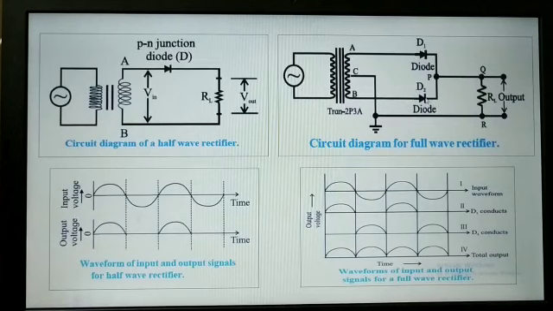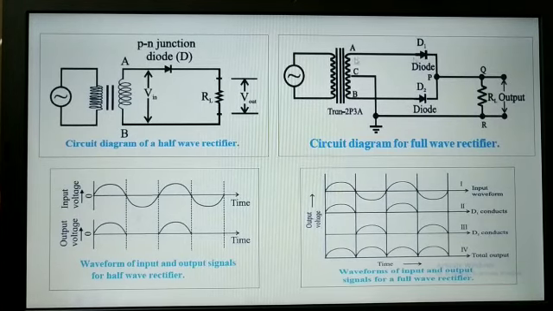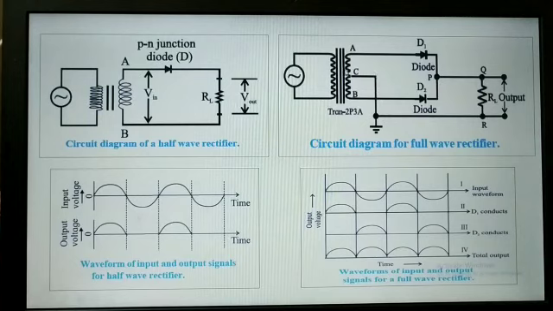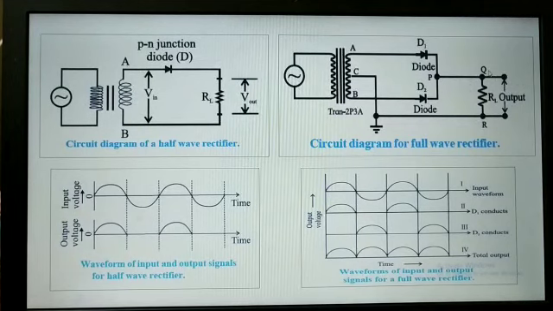So it will not conduct, but diode D1 will conduct and it will complete the circuit A, P, Q, R and C. And we will get output across the load resistance. Okay. For the positive half cycle, point A will be positive and B will be negative, and we will get output across load resistance RL.